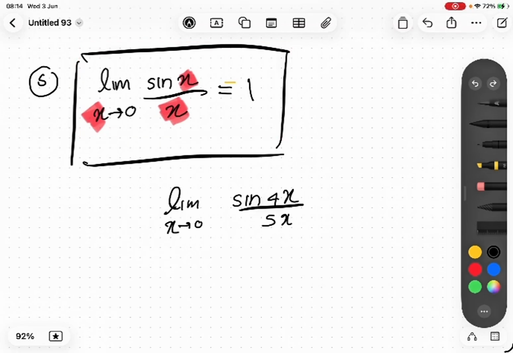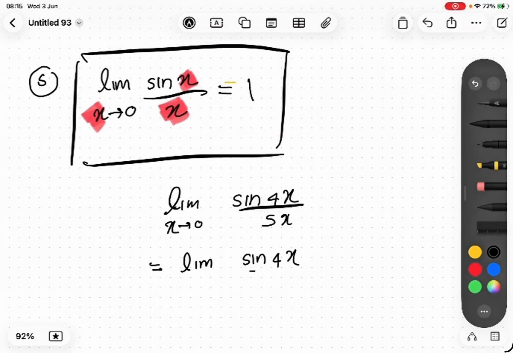Clear? If you want to use this, I'm going to try to get the formats now. See, limits of sine 4x. First thing, we can't change it. We have to change the others according to this.